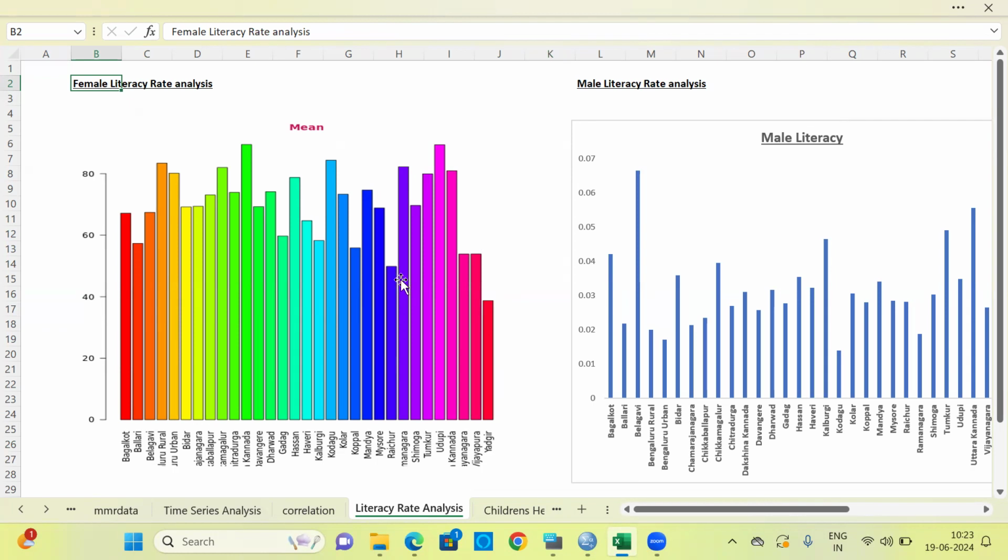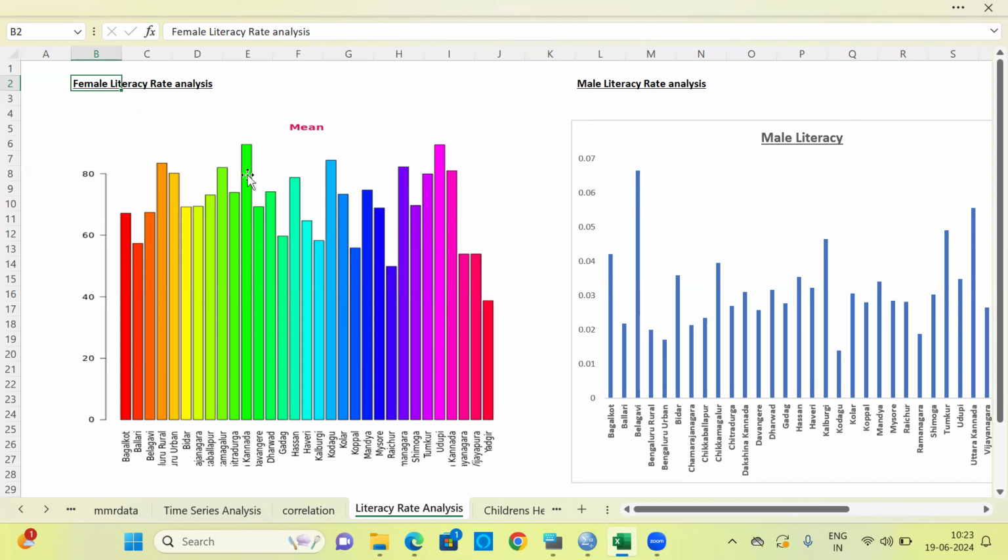There's another district which is a cause of worry, which is the district of Raichur. I can also draw your attention to this blue color bar, which is for Koppal. What are some of the districts where the female literacy rate is at the higher level? Let me draw your attention to this particular bar, which is for Udupi.